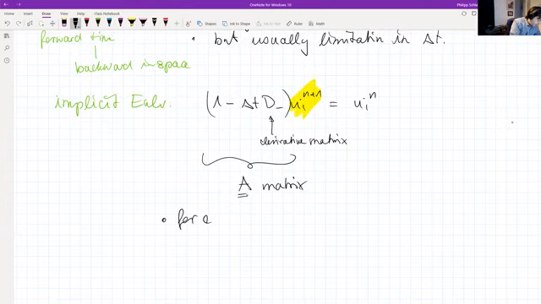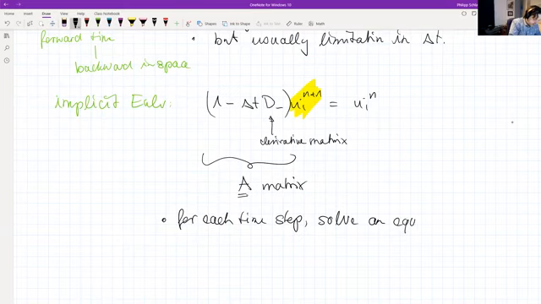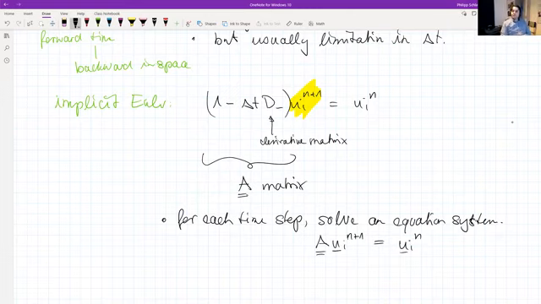And this equation system looks something like this: A u_i^(n+1) equals u_i^n. So if this is a matrix, this would be a vector, and here it would be u_i^n. So I need to solve a system like that in order to be able to advance my time level from n to n+1.